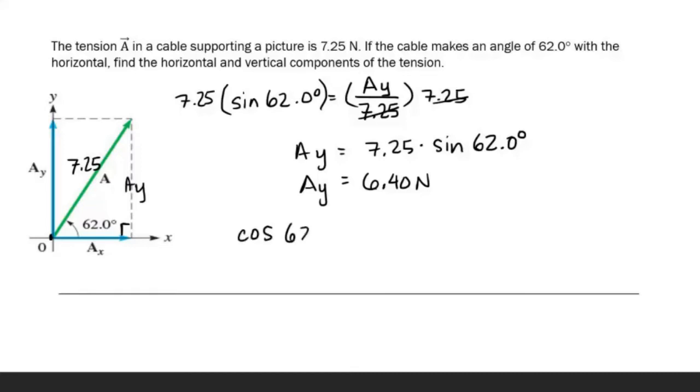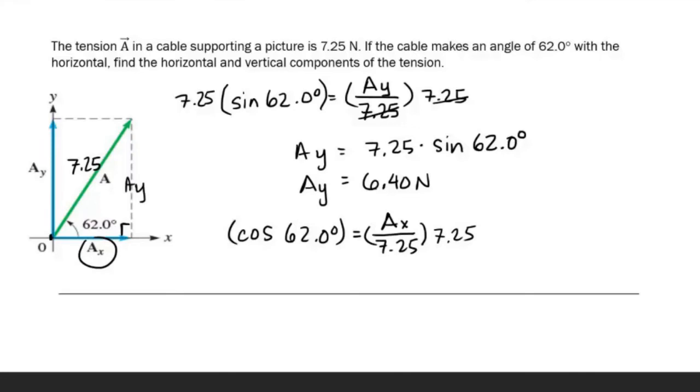The cosine of 62.0 degrees, well, that's going to be x over r, adjacent over hypotenuse. So in our case, that will be the x component divided by 7.25, the magnitude. Once again, it's pretty straightforward to solve for the x component.